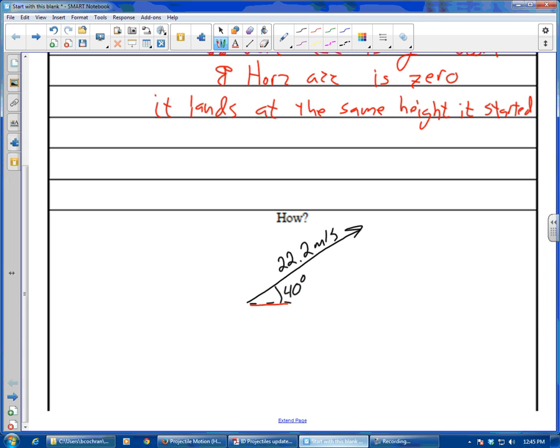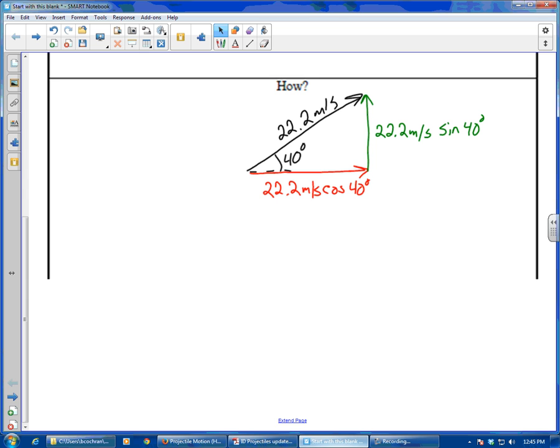So that's going to have a horizontal component and a vertical component. The vertical component would be 22.2 meters per second sine 40 degrees, because it's opposite the angle, and the adjacent component would be 22.2 meters per second cosine 40 degrees. So when it leaves the ground, those are the components of it.